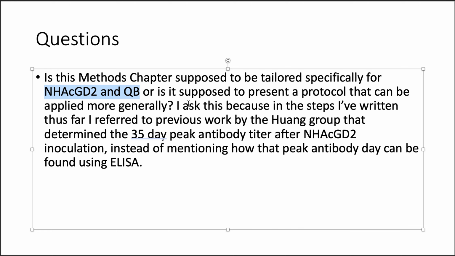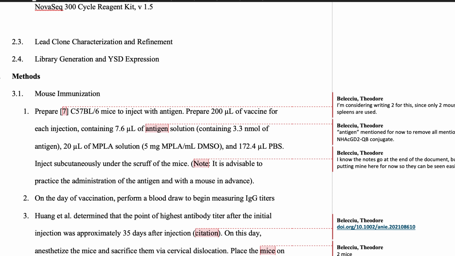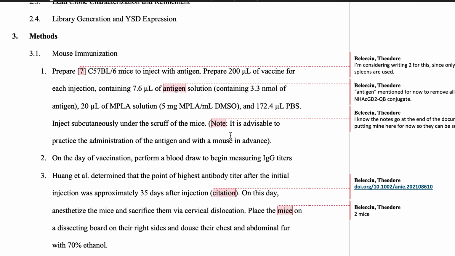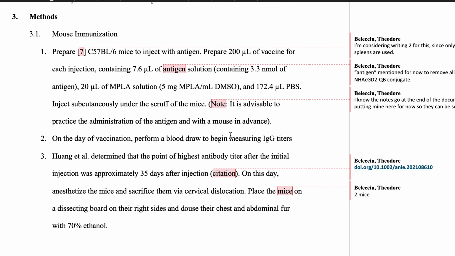And I really came across this question when mentioning how the mice were immunized. I could have gone into extensive details about how to perform the antibody titers using ELISA, when to do the blood draws, which was once every 2 weeks, when to administer the boosters and whatnot, what dilutions to use.